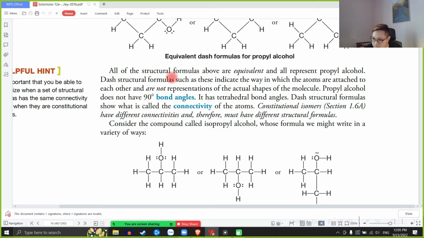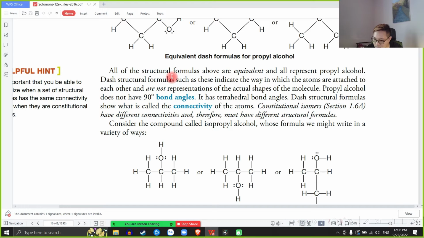Structural formulas such as this indicate the way in which the atoms are attached to each other and are not representations of the actual shapes of the molecule. This is propyl alcohol. It does not have 90-degree bond angles. It has tetrahedral bond angles.